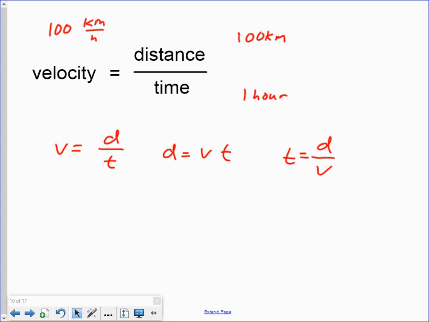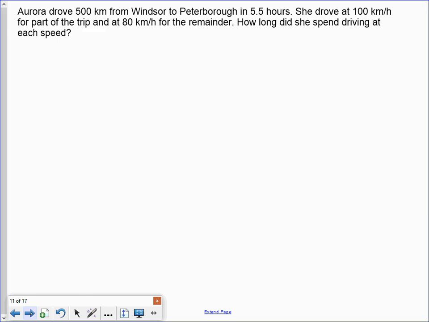Of these three expressions for this relationship between velocity, distance, and time, the one we often want to work with is distance equals velocity times time, because it does not have any fractions. And fractions make questions more difficult to answer, so we are going to try to avoid fractions when we can. That issue is only going to come up in a very small number of questions that we do.